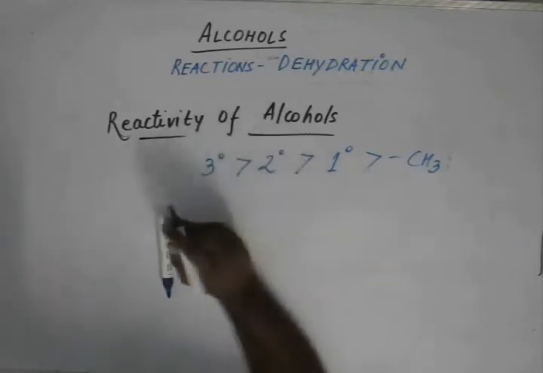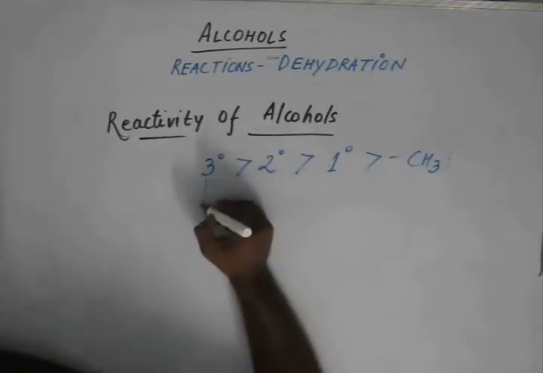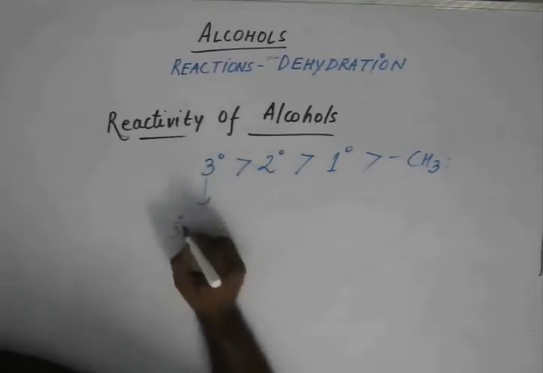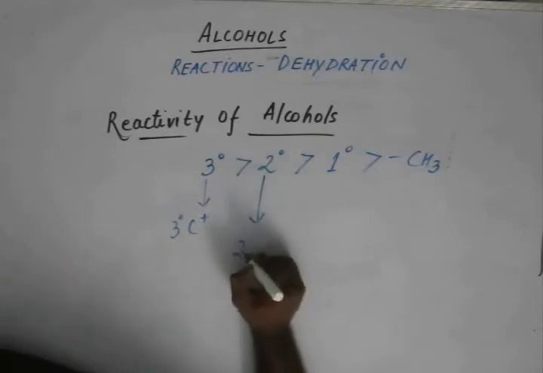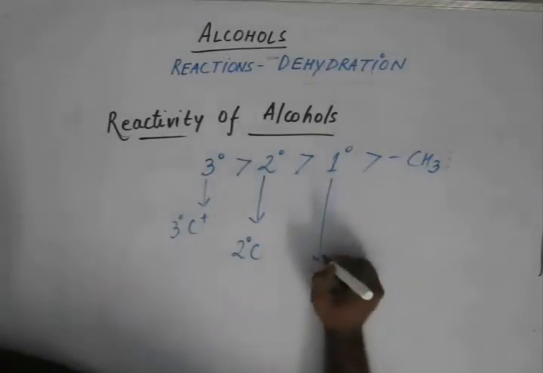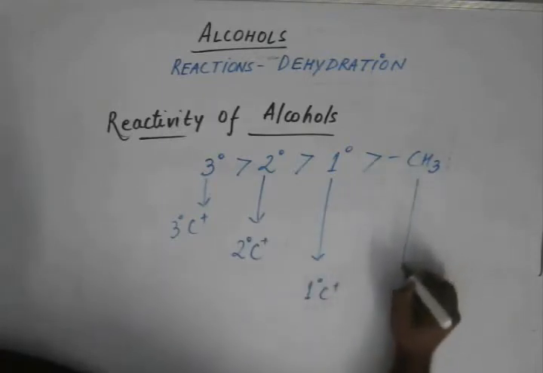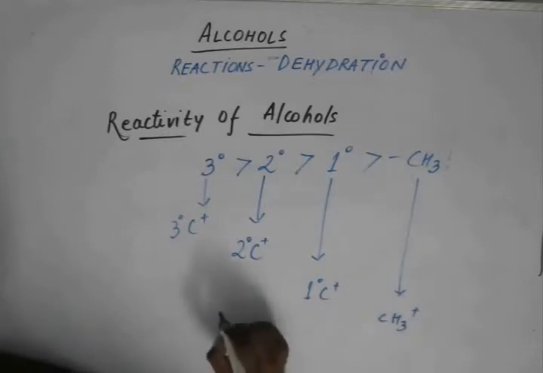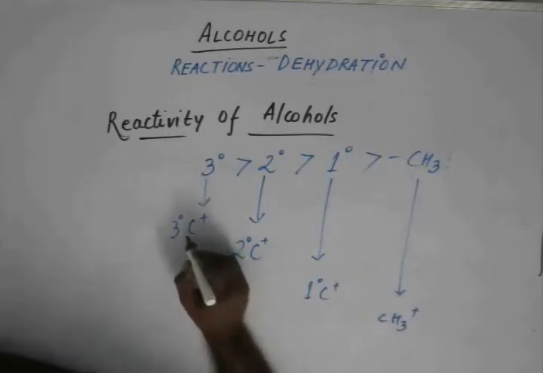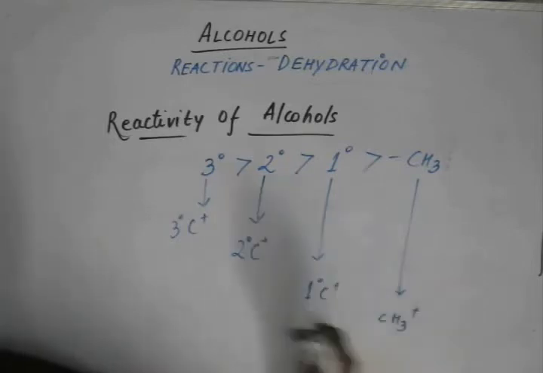Why is this trend being followed? It's very simple. In this case, we get a 3-degree carbocation, we get a 2-degree carbocation, we get a 1-degree carbocation, and we get a methyl carbocation. So this is more stable than this, is more stable than this, and it follows.